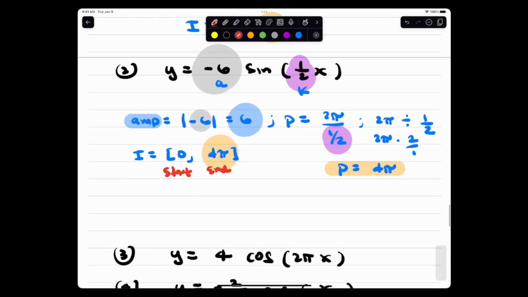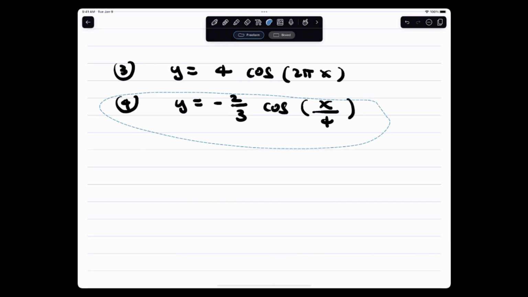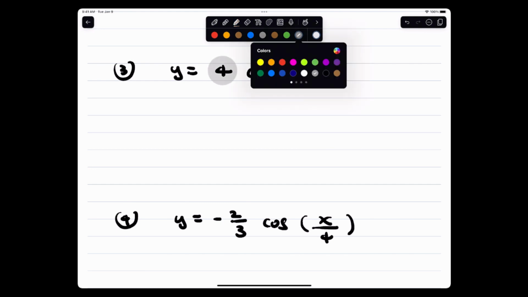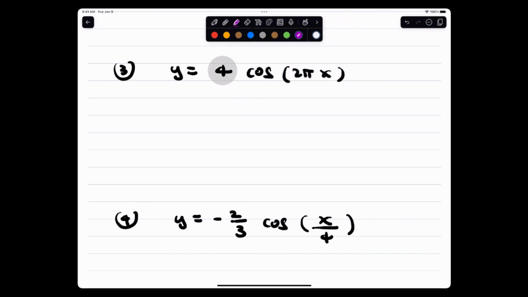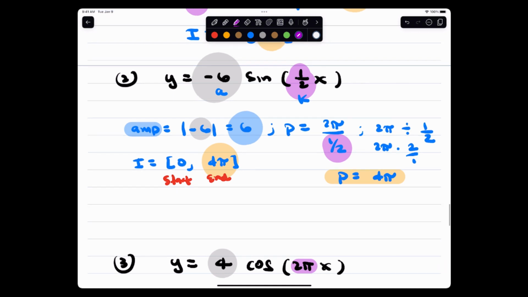Okay, now let's continue and finish these here. Okay, so amplitude and here's your K value. Anybody have any questions on this here? Nope.